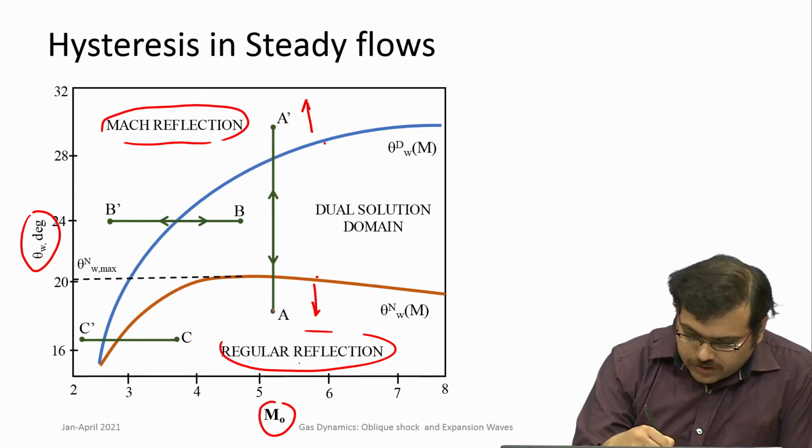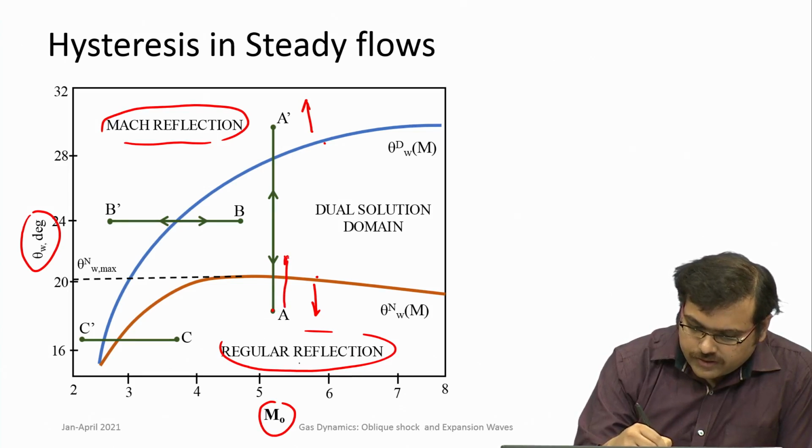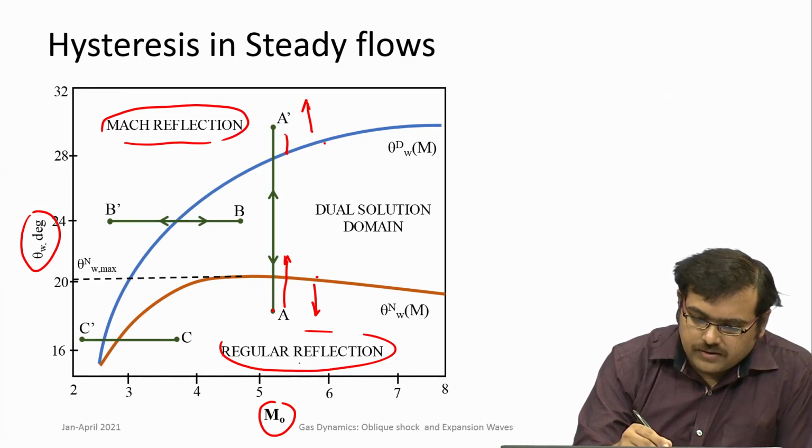For example, if you start off from point A, for a given Mach number, and you keep increasing the angle theta w, then you might start getting Mach reflection from this point.